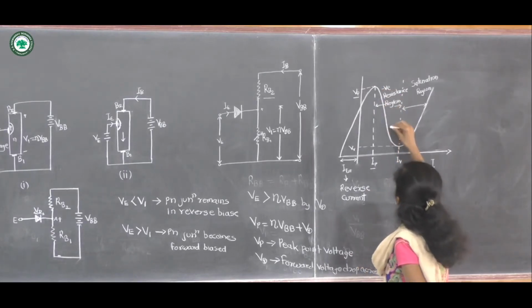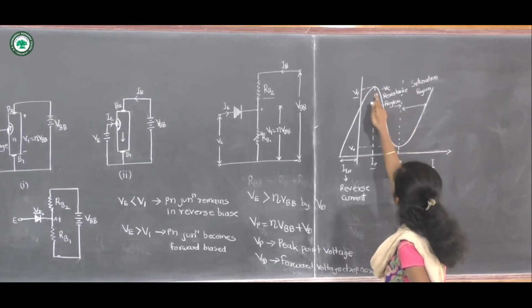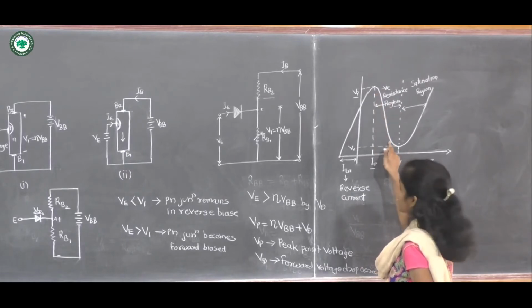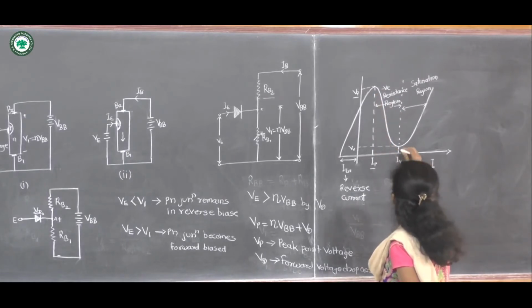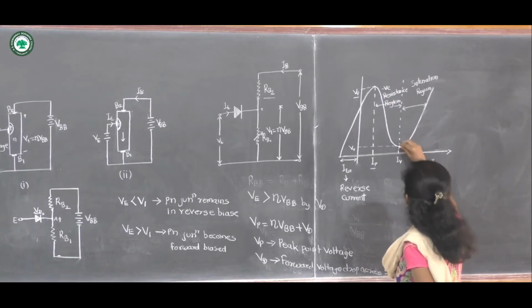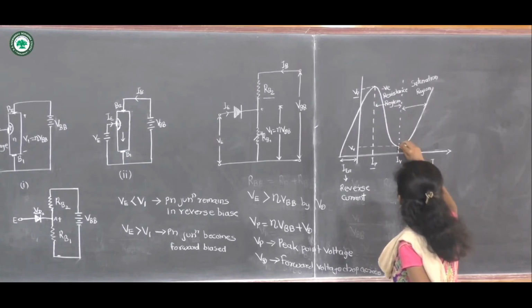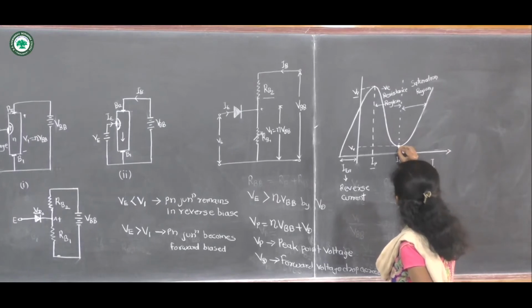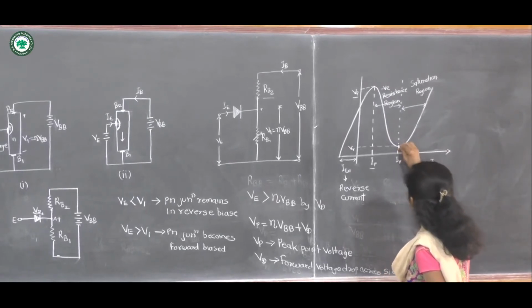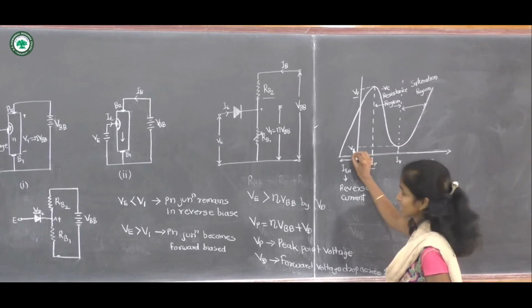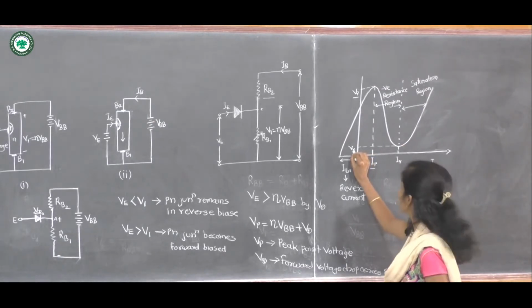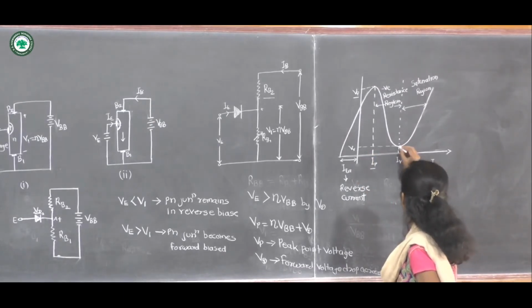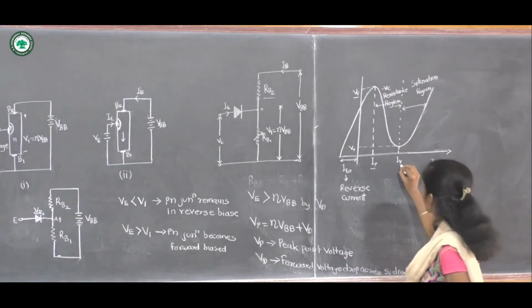In this region, as there is a decrease in voltage with increasing current, we observe a minimum point, after which the voltage increases again. This minimum is called the valley point, and the corresponding voltage is VV, the valley point voltage, and the corresponding current is the valley point current.